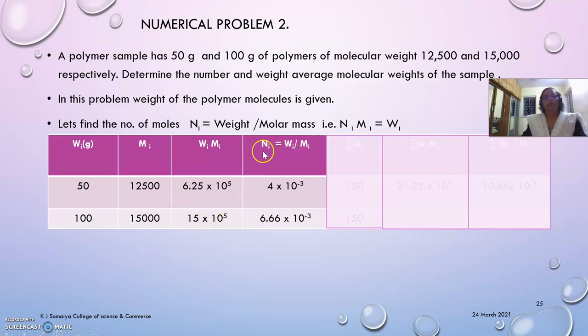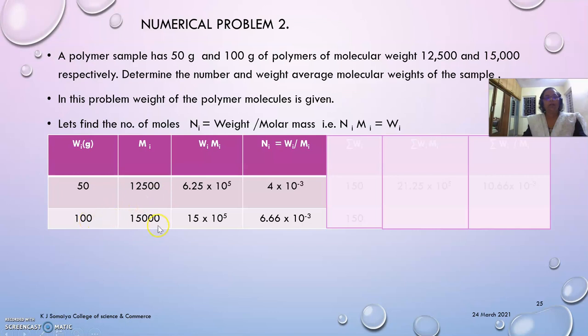Now the number of molecules of each sample will be Wi, the weight, upon the molecular weight. So say 4 into 10 raised to minus 3, that is 50 gram divided by the molecular weight, 12,500.